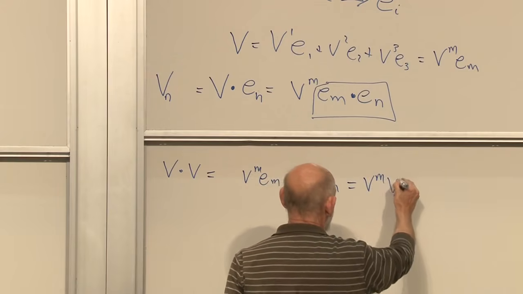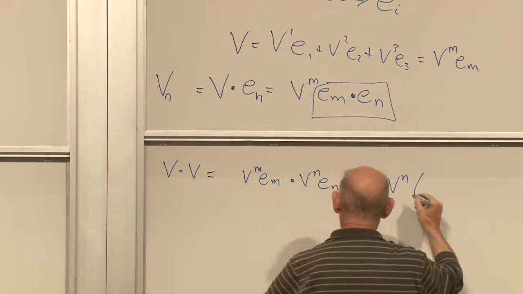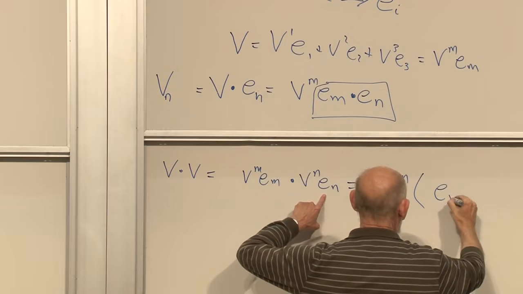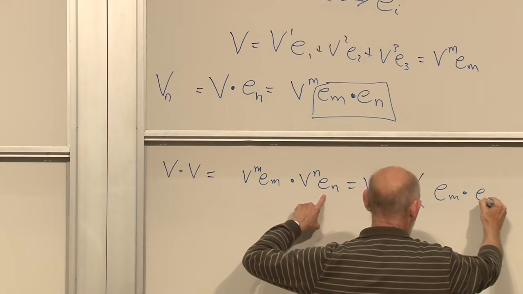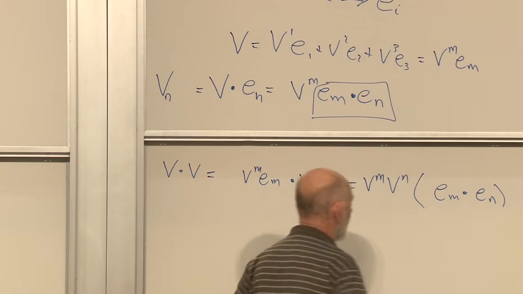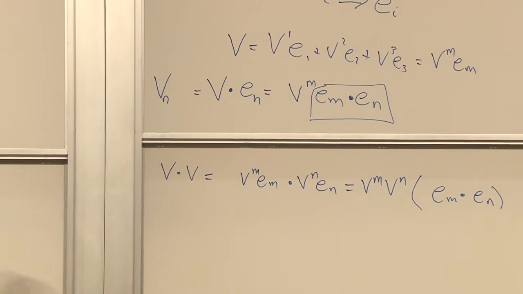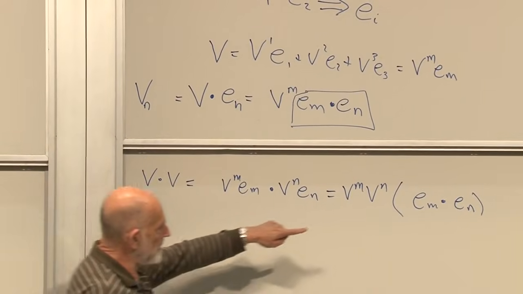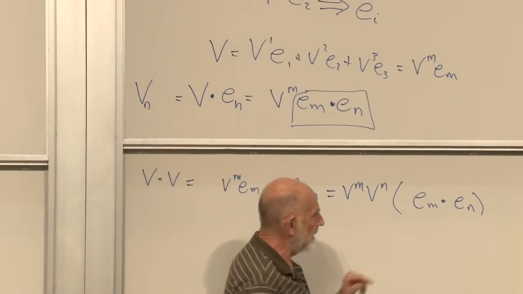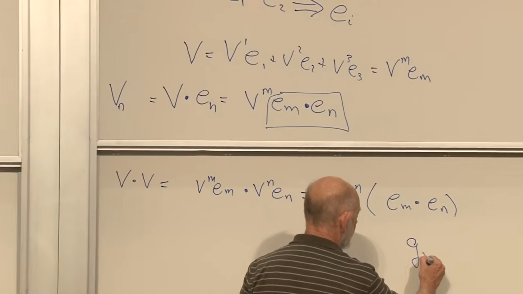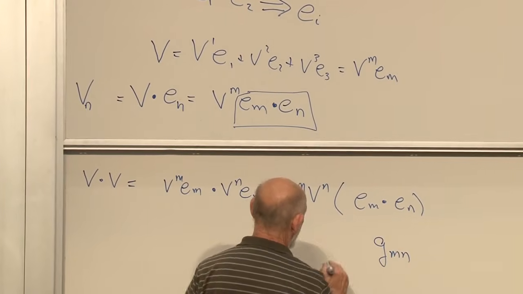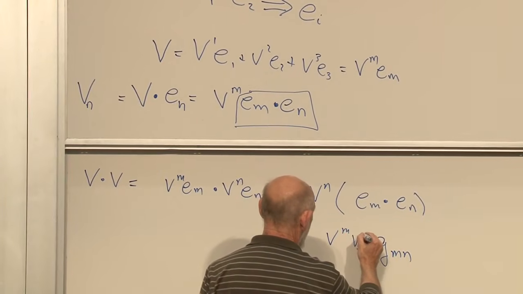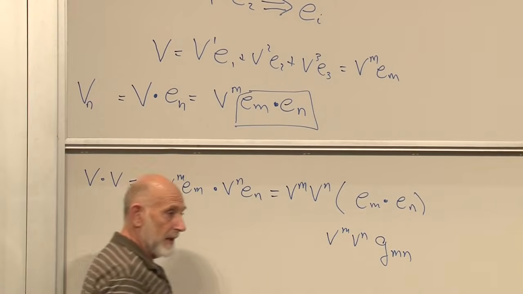Okay? But now I can write this in the form V^m V^n times the quantity E_m dot E_n. Let's call this quantity E_m dot E_n, let's call it g_mn. And now we have a formula: V^m V^n g_mn.